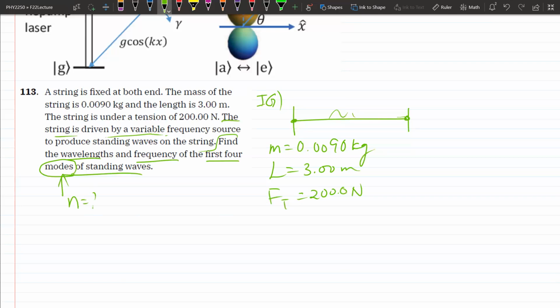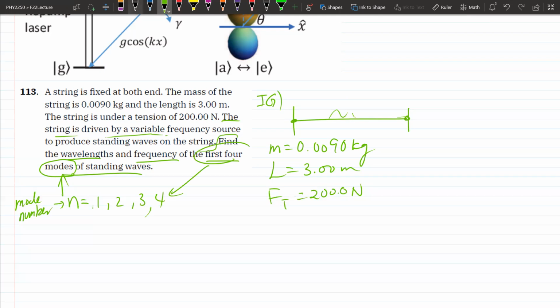When they ask for the first 4 modes, they want n equals 1, 2, 3, and 4. If they want the first 5, you go up to 5. If you want the first 8, you go up to 8. So this n is known as the mode number.